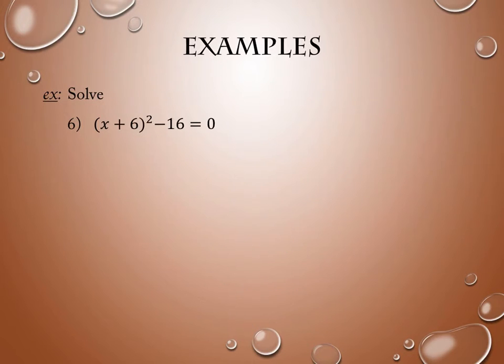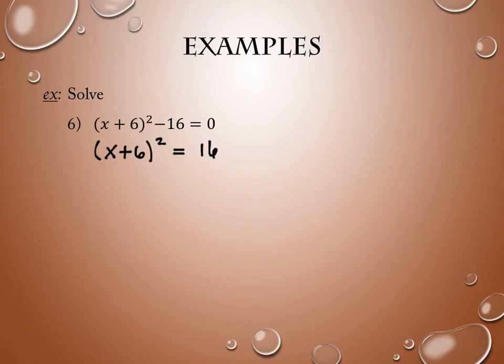But that doesn't happen on this one, yeah? The piece that's not in factored form, the 16, is just a number. So one other option on this one, and again, factor it out if you want to, or distribute it out if you want to, but on this one we could move the 16 to the other side because it's a constant.